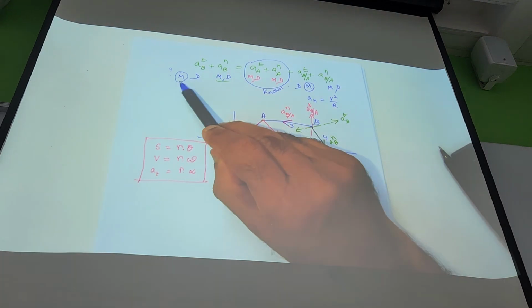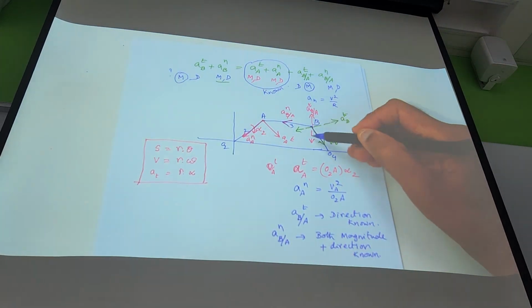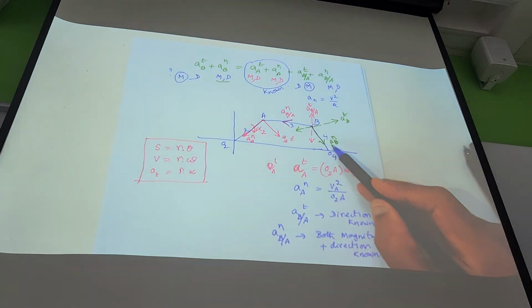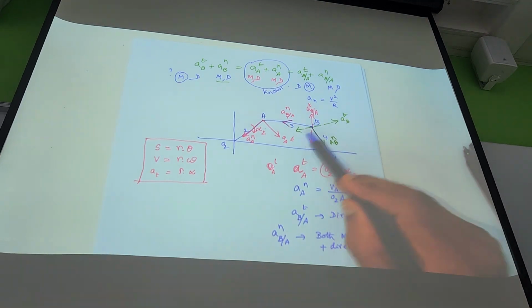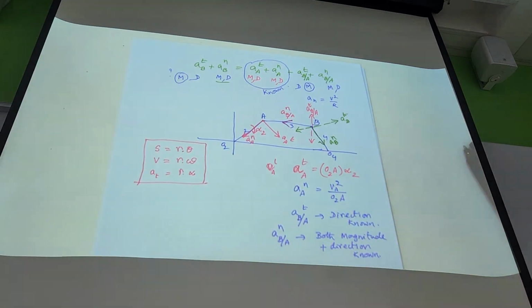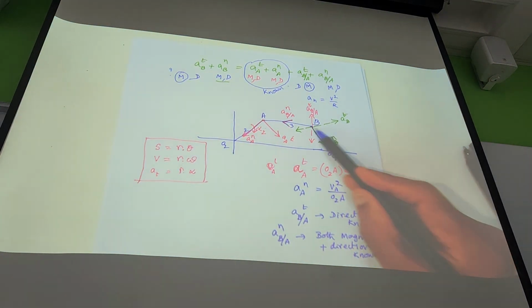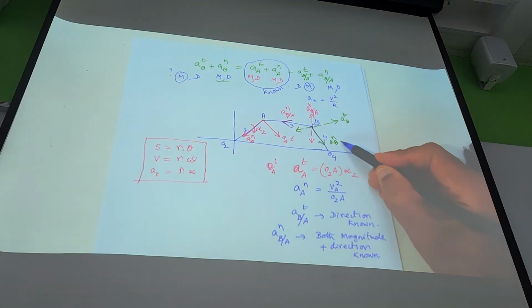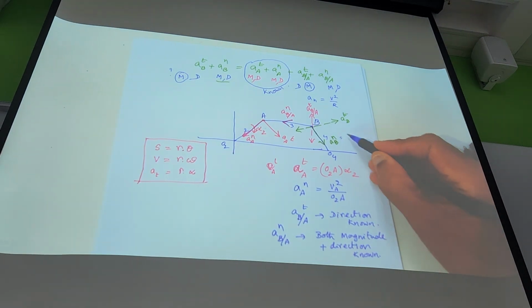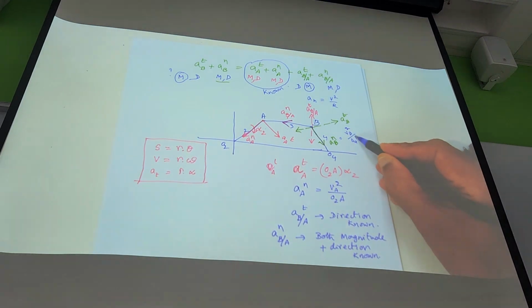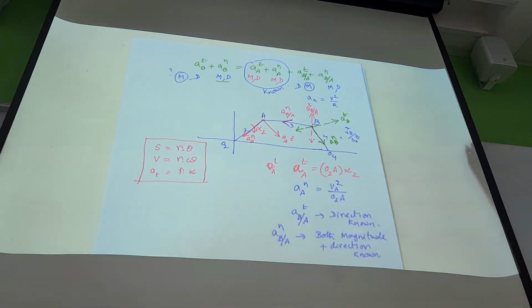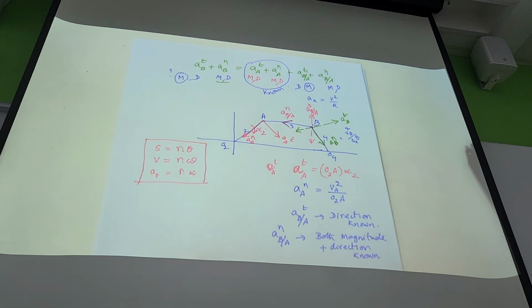Tangential, we know the direction: it will be perpendicular to the link, just like velocity. The magnitude of B normal is simply VB square over O4B, because we know velocity B when starting acceleration analysis. So you know the magnitude and direction of B normal.